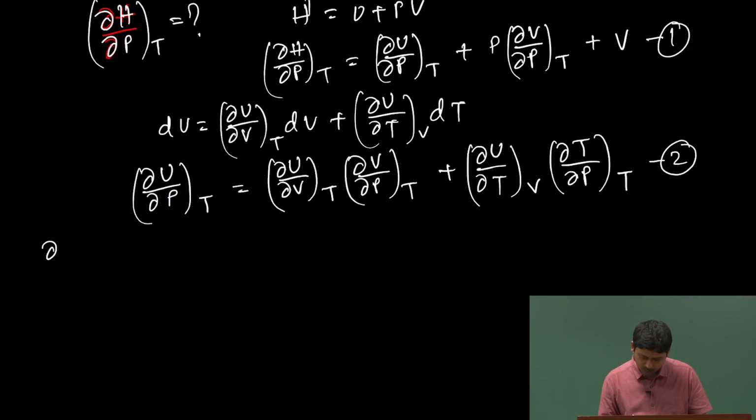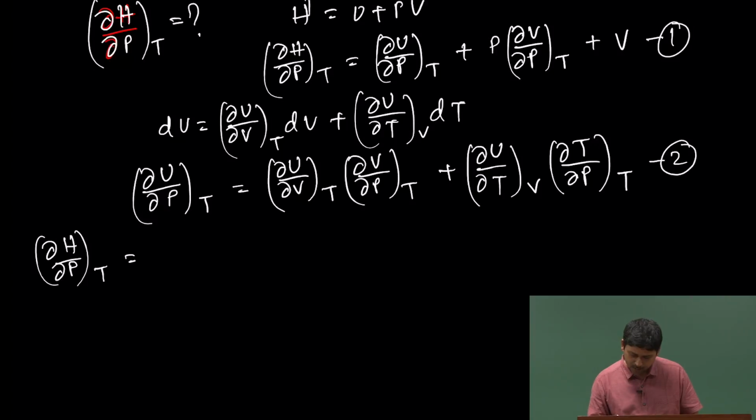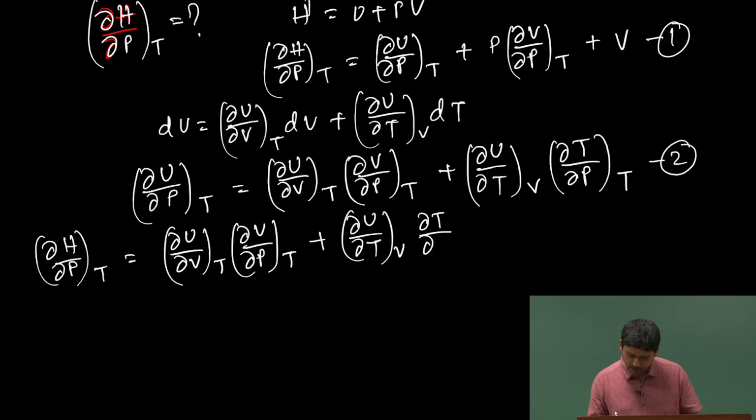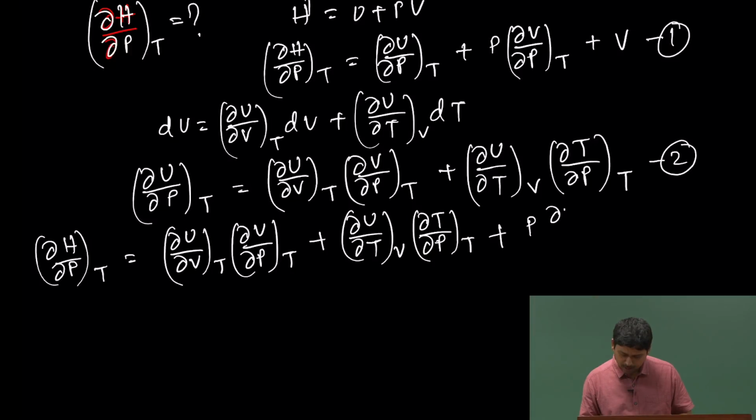So, without doing anything else, I will just put that. del U by del V at constant T, del V by del P at constant T, plus del U by del T at constant V, del T by del P at constant T, that is just this one, plus P del V by del P at constant T, plus V.